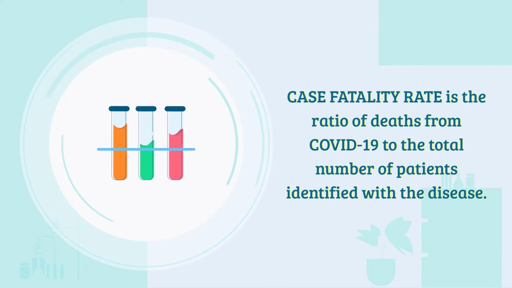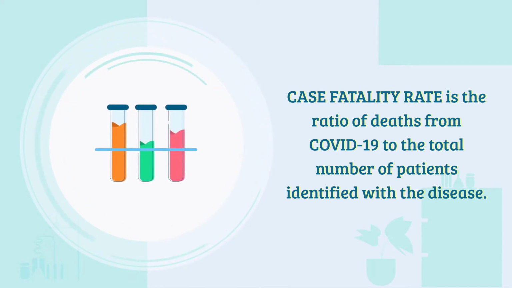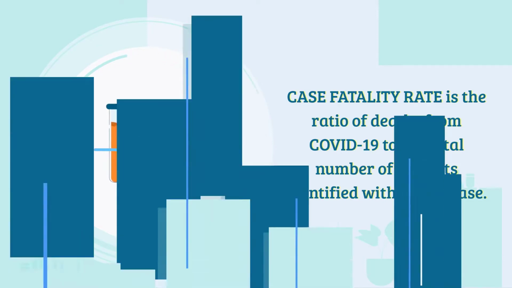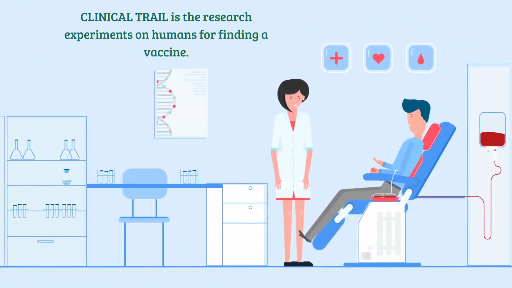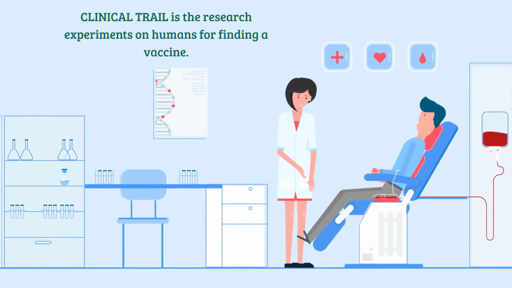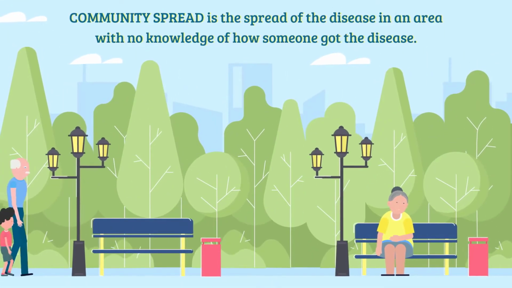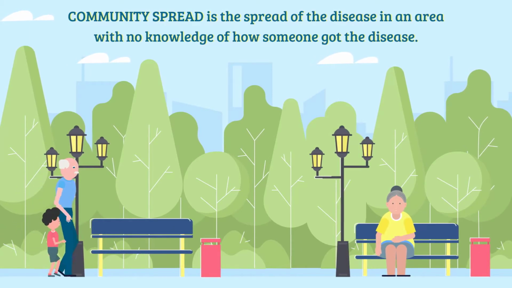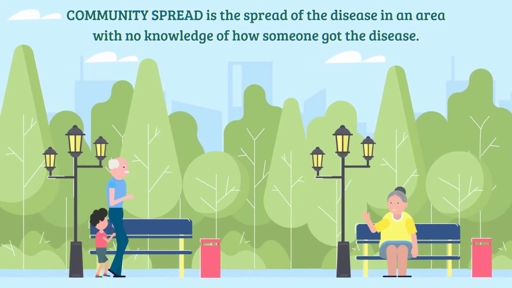Case fatality rate is the ratio of deaths from COVID-19 to the total number of patients identified with the disease. Clinical trial is the research experiments on humans for finding a vaccine. Community spread is the spread of the disease in an area with no knowledge of how someone got the disease.